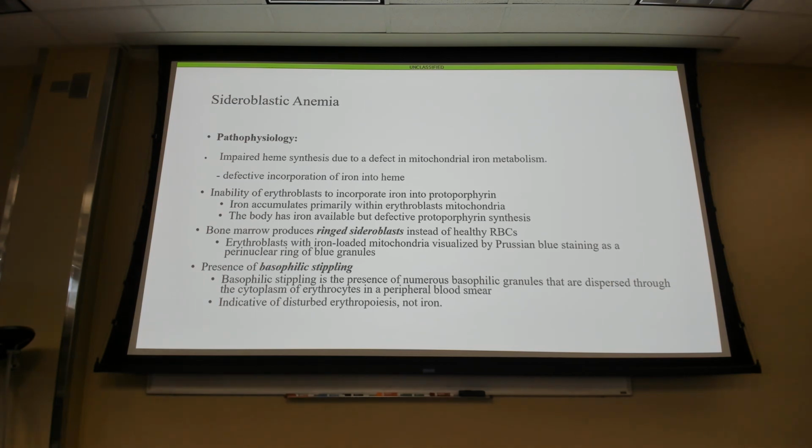Basophilic stippling, picture of that coming up. You'll see it with sideroblastic anemia and with some other conditions also; we'll talk about those too. It just means something's not right with the erythropoiesis. If I see basophilic stippling, something's going on with that cell. In this case, the iron wasn't processed sufficiently.